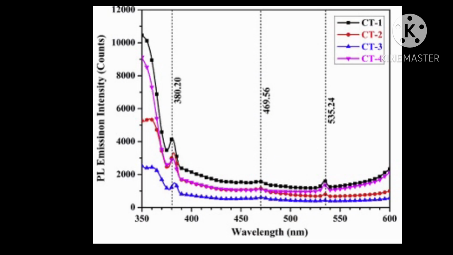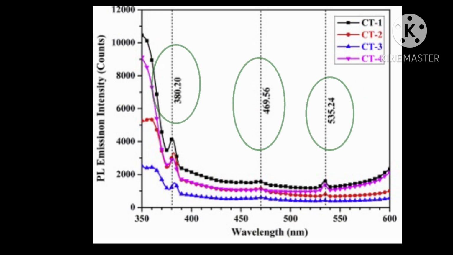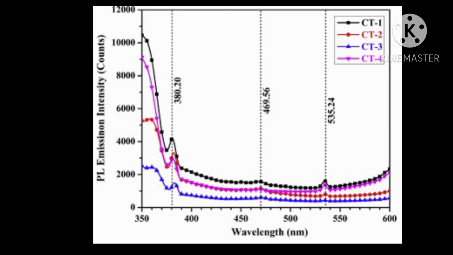It's noted that the emission peaks observed at 380, 469, and 535 nanometers correspond to band edge emission, free excitons, and oxygen vacancies. The PL intensities are very sensitive to metal ion doping. When copper is doped into titanium dioxide, the intensity of the PL emission is reduced compared to that of undoped titanium dioxide.